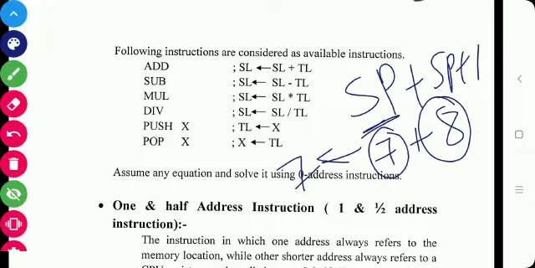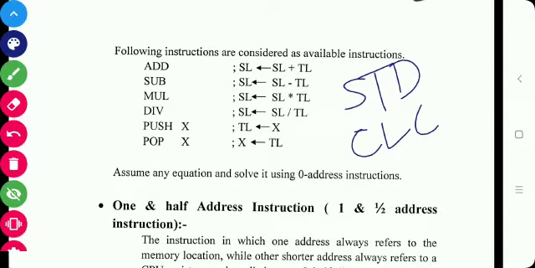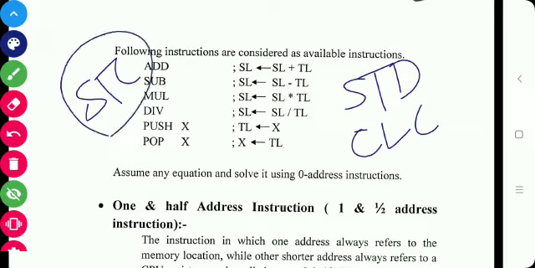So this is the zero address instruction. Again, the zero address instructions of our 8086 are these: STD, set direction flag; CLC, clear carry flag; STC, set carry flag. These instructions do not have any operand, so these instructions are called zero address instructions.